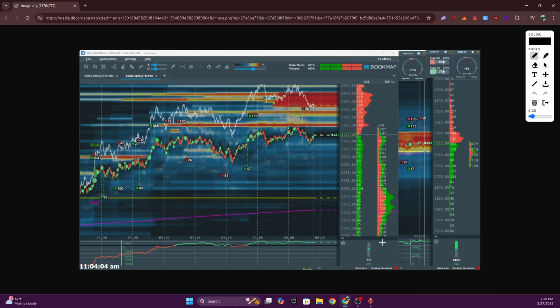Furthermore, you can utilize tools such as the CVD and other tools like such alongside icebergs and stops that allow you to see in real time where other traders and where potentially institutions are placing their orders as well. That is quite an edge, if I would say so myself.